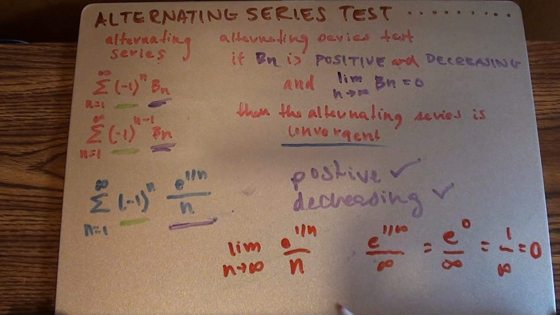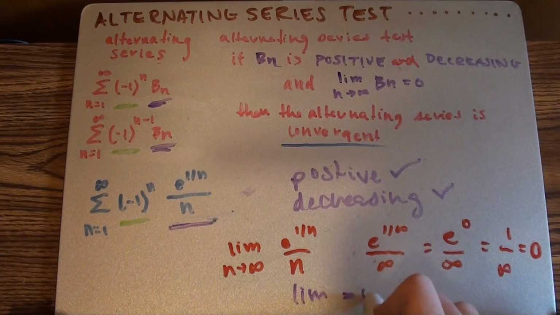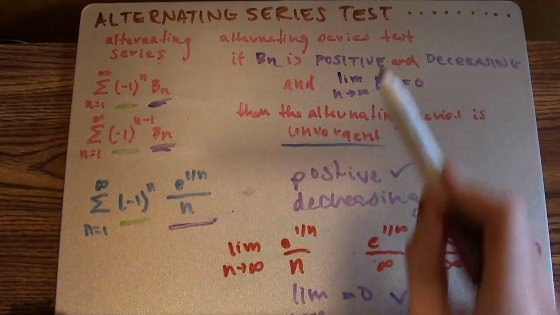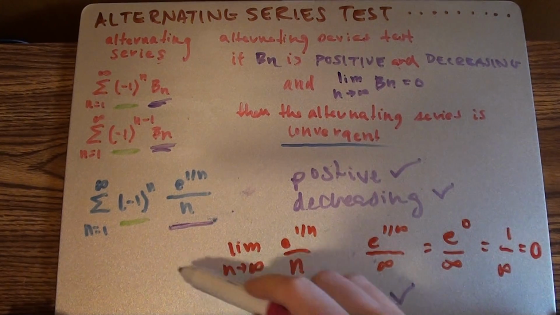So our limit then is equal to 0. So all three of these conditions check out. We therefore know that our series is convergent.